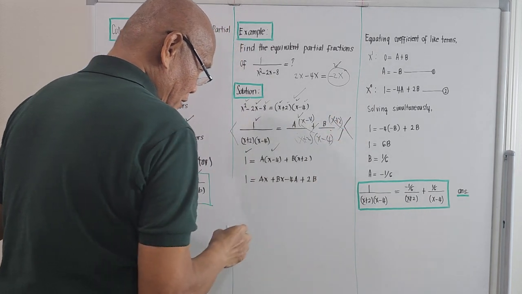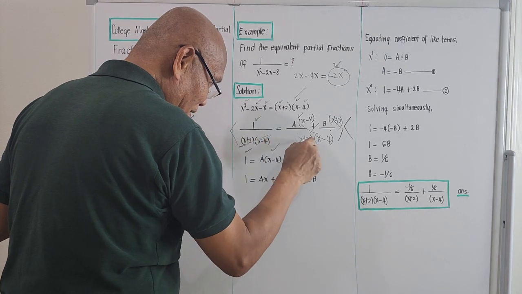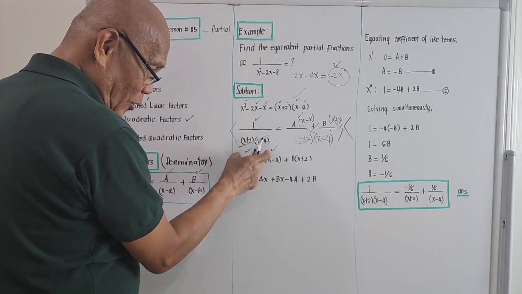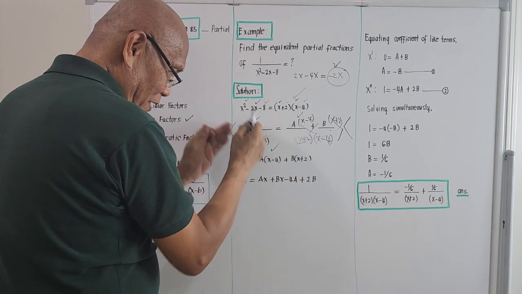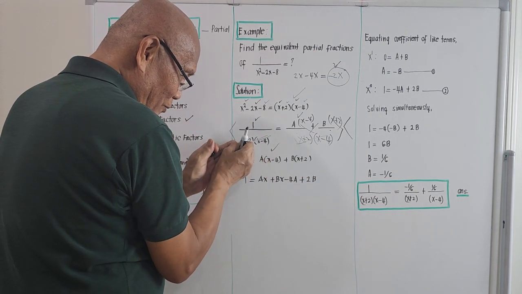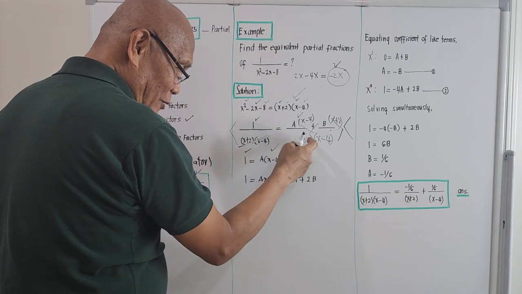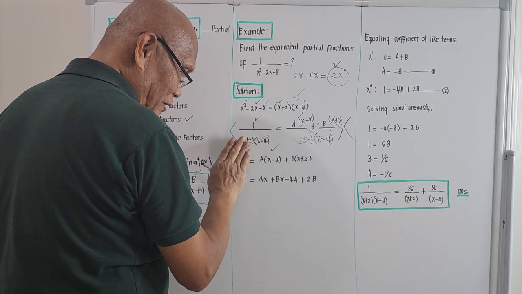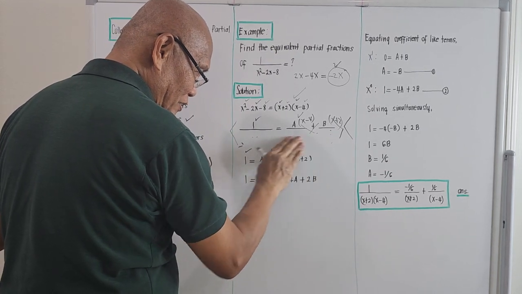So we can cancel these now, since the operation here is multiplication. We remove this one and this one already. After using the butterfly method, the denominator is gone.